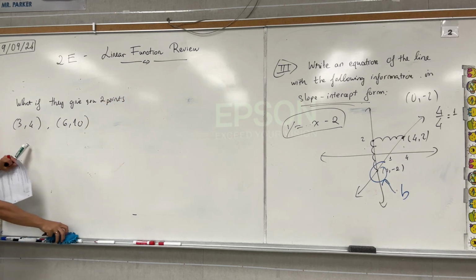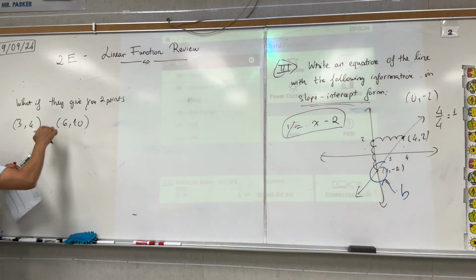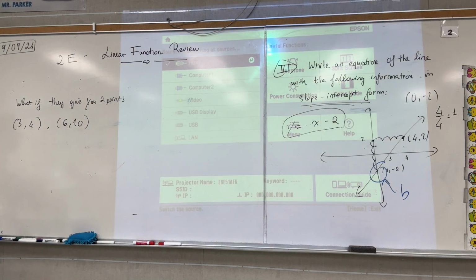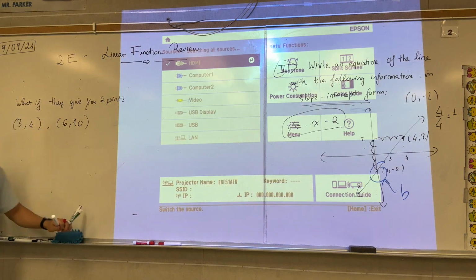All right. What if you only have 2 points? Can you do it? Tell me what is the process? What are you going to do first? Yeah. So what are you finding? The slope.